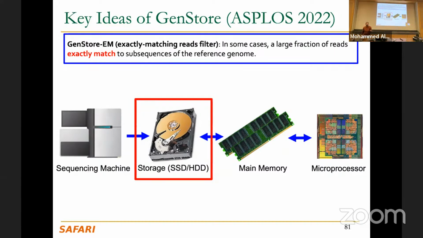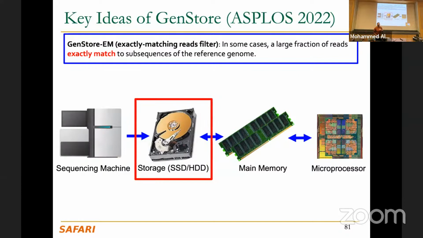This is logical for short reads, because the accuracy from the sequencing machine is very high, and individuals from the same species are always similar to each other, with 99.9% similarity. So if you get reads from these similar regions, you expect most of the reads to match exactly over there.